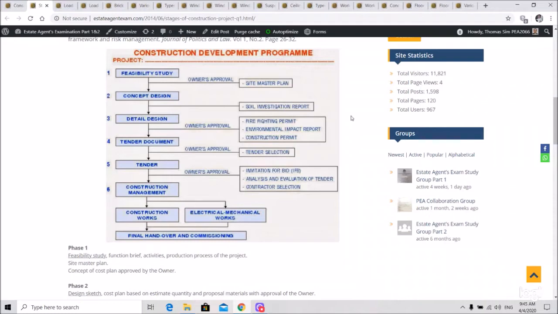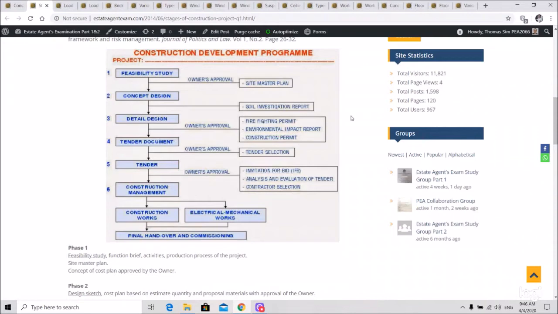The architect will throw out the design, working around the land, because the land may have an odd shape, not exactly square. So how to design to get the maximum use of the land, and then the planning according to the already approved planning permission given by the authority. Of course, the architect was already involved in the earlier days.